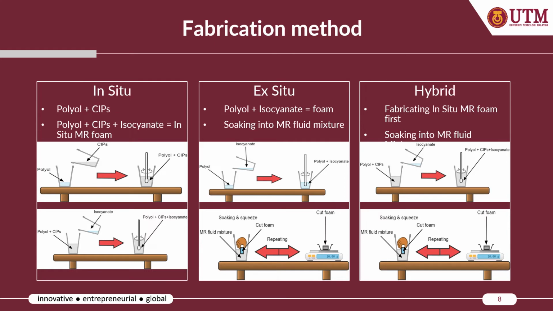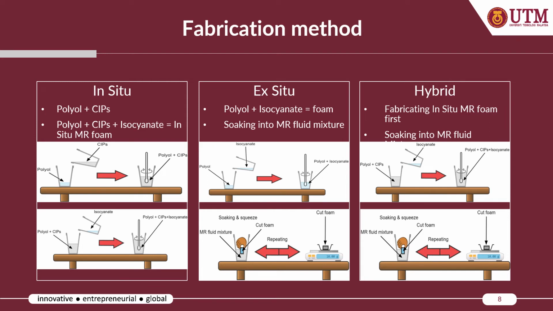As you can see here, the procedures for each fabrication method are different. The in situ method involves the integration or internal mixing of magnetic particles of CIPs with the absorbent matrix components, such as foam for this research, by combining the polyol with CIPs first before mixing with isocyanate, which acts as the foaming agent.